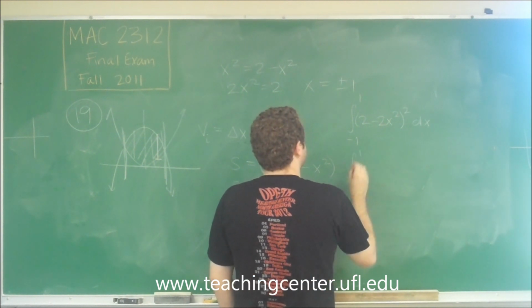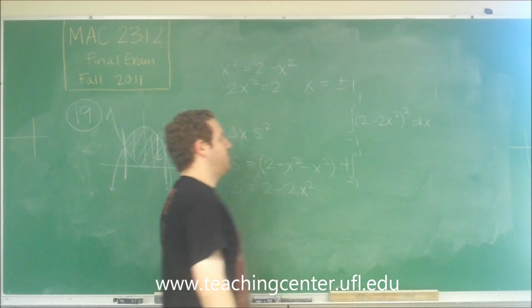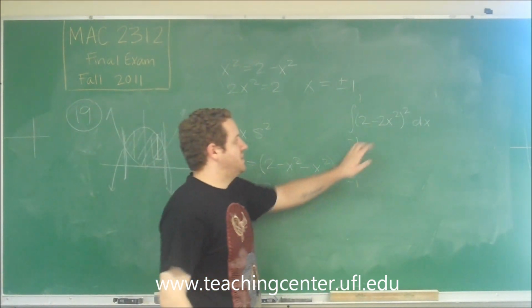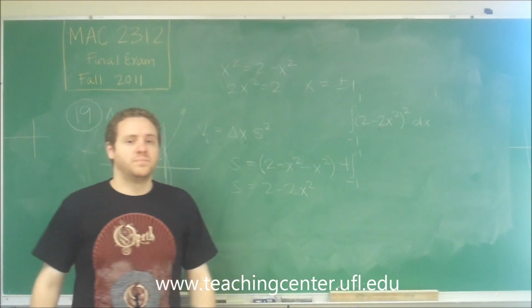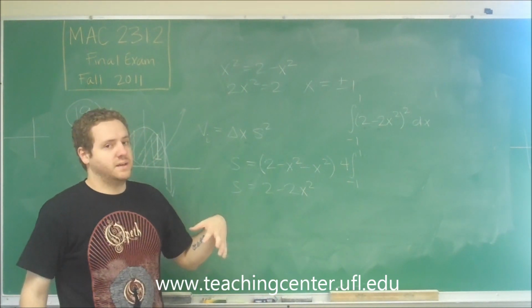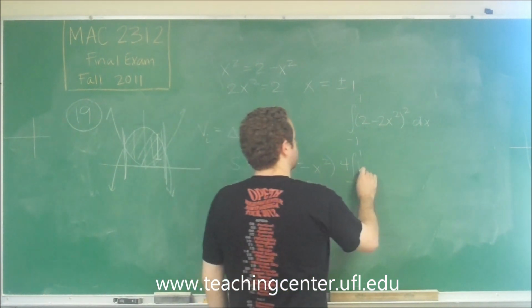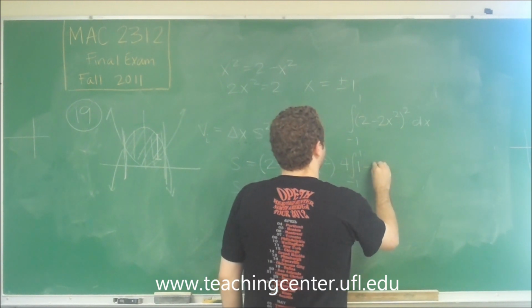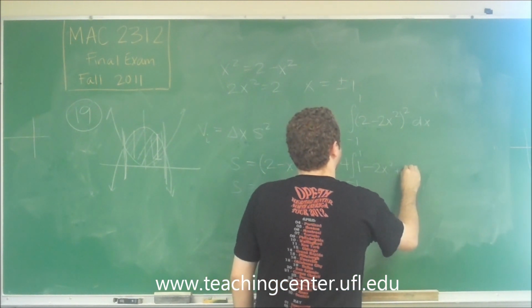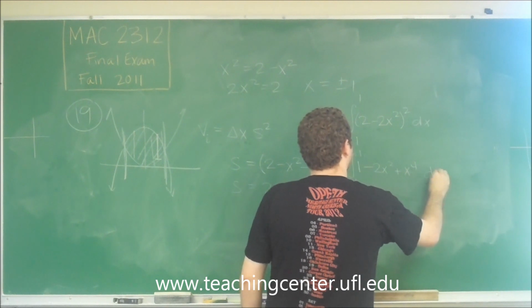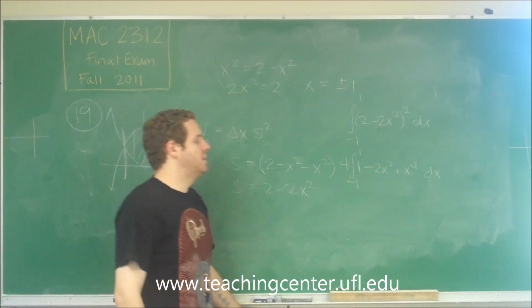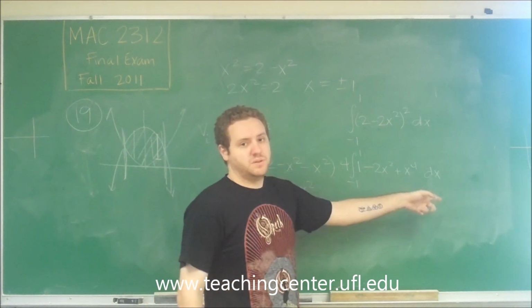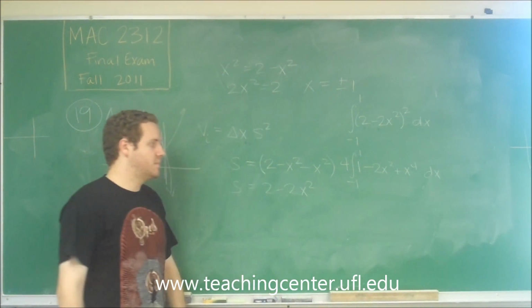What we can do first is take a 4 out of the integral. If we factor 2 out of this, it's squared, so we'd take it out as 4. So we just have 1 minus x squared, squared, which would give us 1 minus 2x squared plus x to the 4th dx. If you didn't take that 4 out, you would just get 4 minus 8 plus 4, and then you could take the 4 out afterwards.